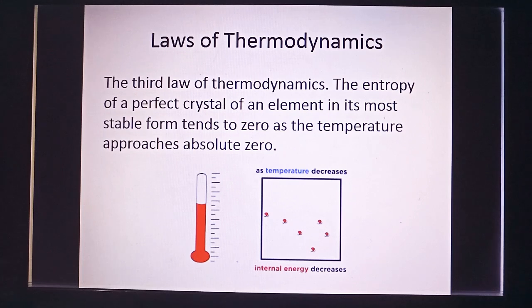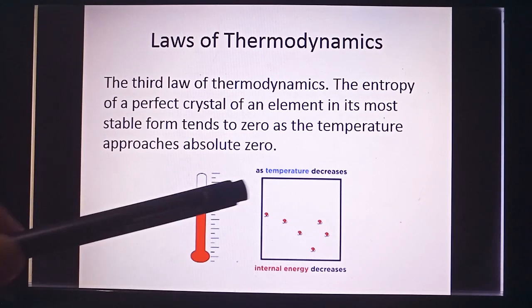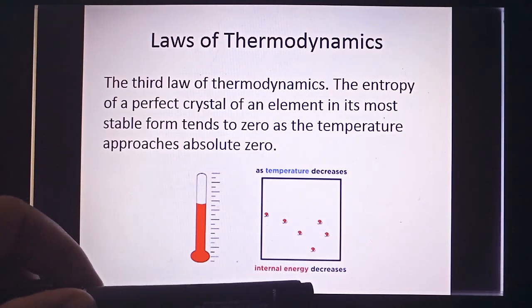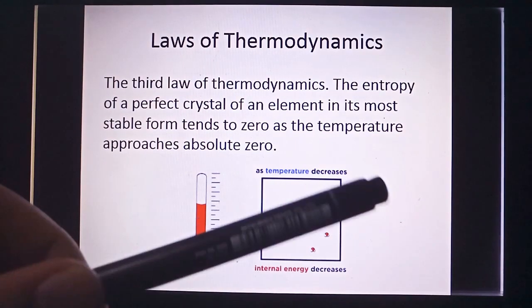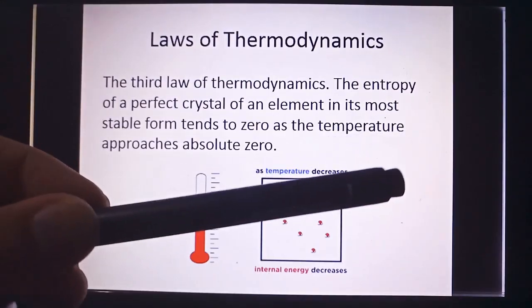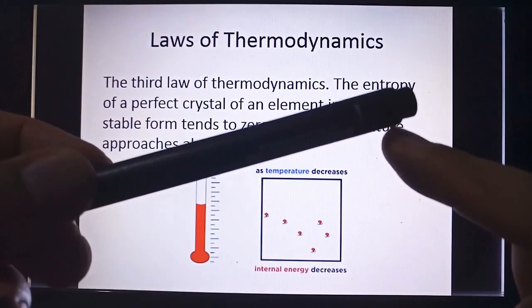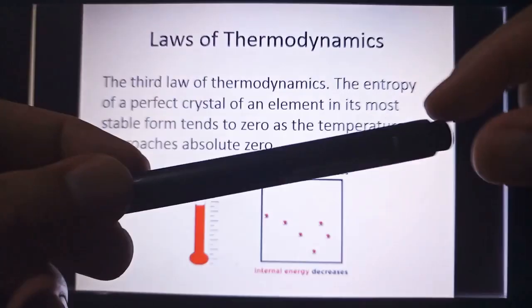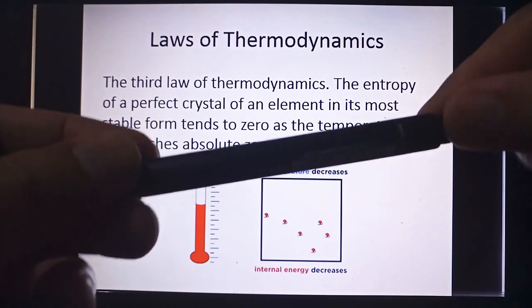The third law of thermodynamics: the entropy of a perfect crystal of an element in its most stable form tends to zero as the temperature approaches absolute zero. So if you have noticed here, as temperature decreases, the internal energy decreases. For example, this object, this pen, if I apply heat on this part, of course some of this portion will change its shape.